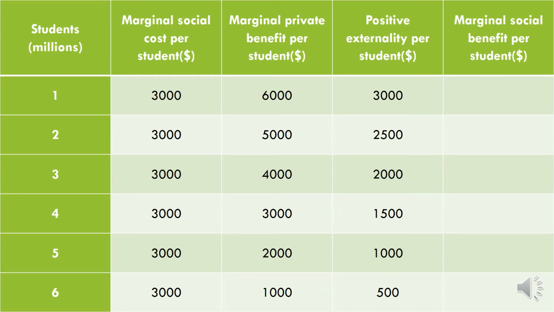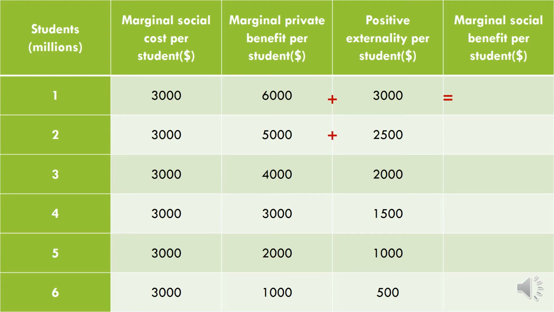Alright, so now we want to calculate the marginal social benefit per student. That's going to be pretty simple. It's the marginal private benefit plus the positive externality. That gives you the overall benefit to the society per student of 1 million students being engaged in education.